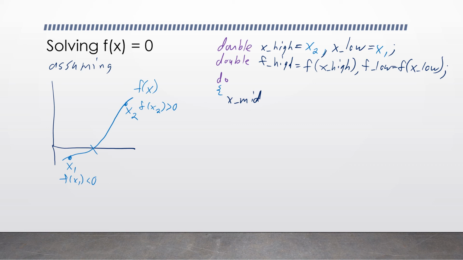So we're going to go halfway between here and here, which is roughly right there, which is closer to the solution than either of the other points. X mid equals x high plus x low over 2.0.